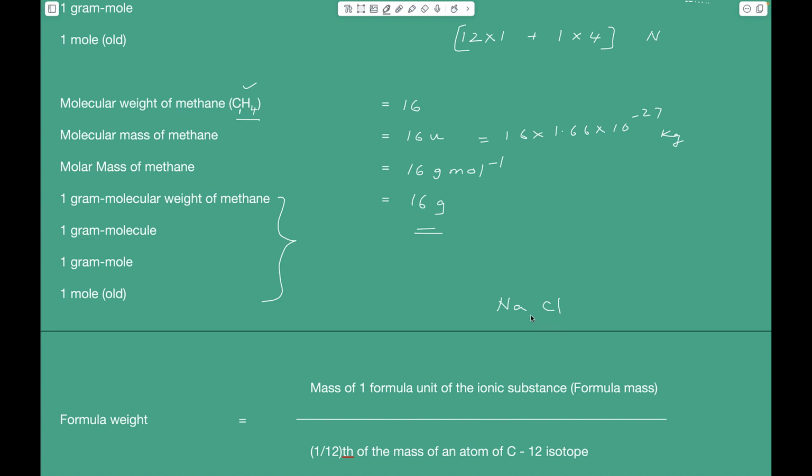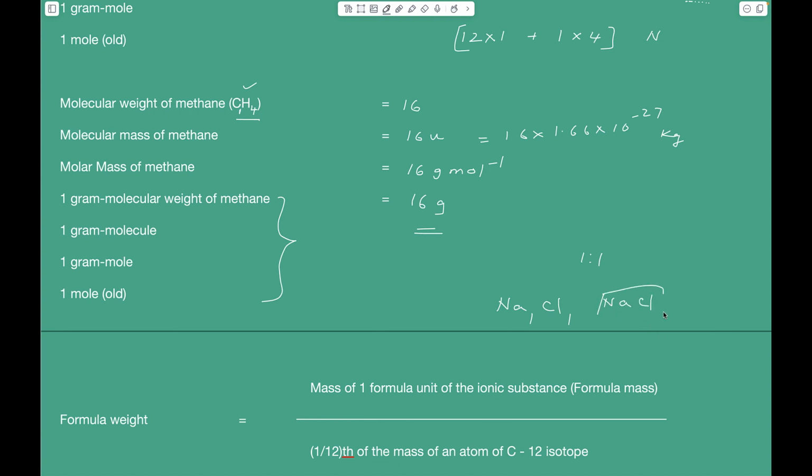Then represent the ratio of the ions in the simplest possible ratio. Now, experimentally we found that in sodium chloride, the ratio of sodium ions and chloride ions is 1:1. That is why we show them with the subscripts 1 each. That is why the formula of sodium chloride is NaCl.